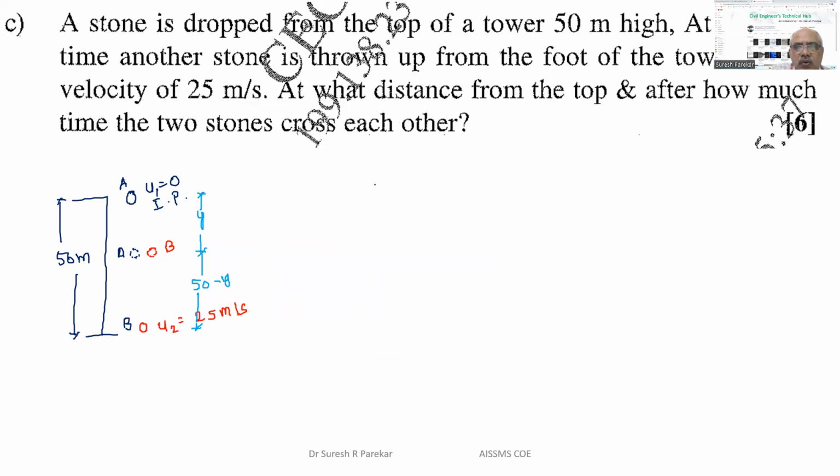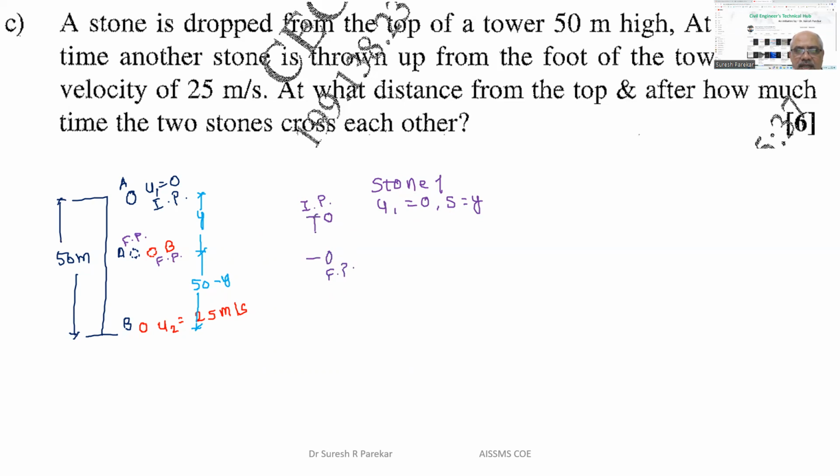So we have stone 1, u1 is 0, and s is y. So what will we get? Now y is plus or minus. Now we have this as the final position for A, and this is the final position for B. So if I draw this, this is the initial position, and we have the final position here, and this is y.